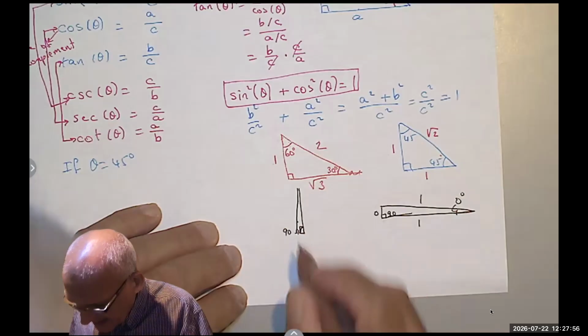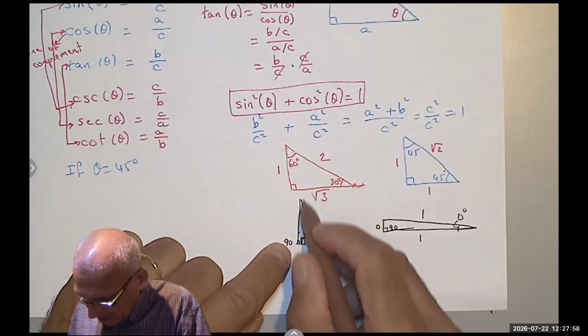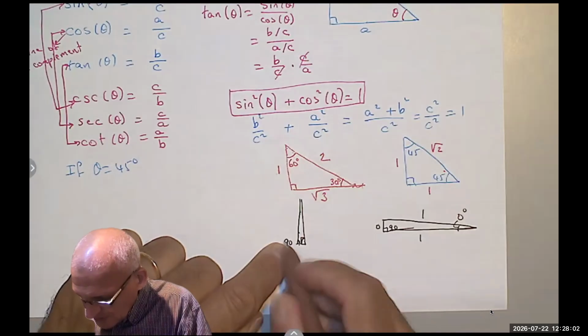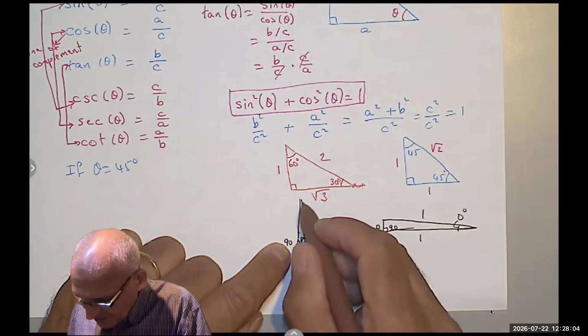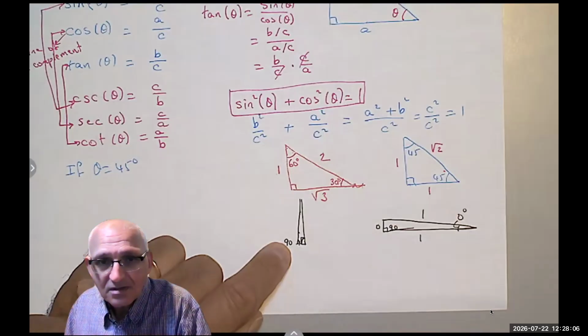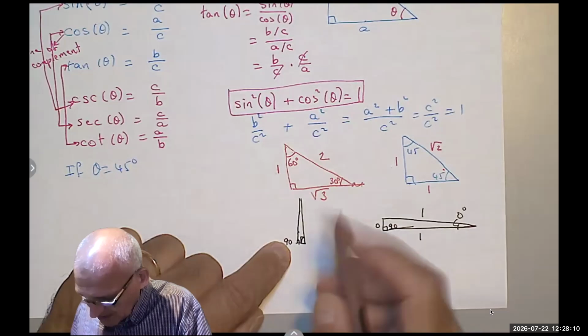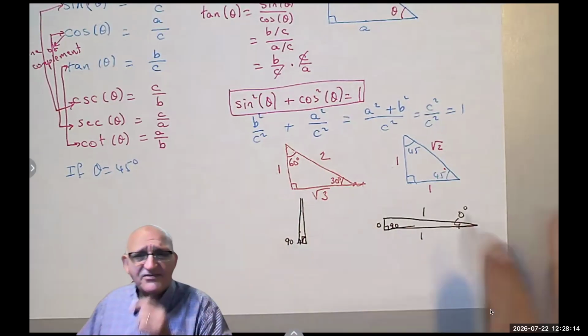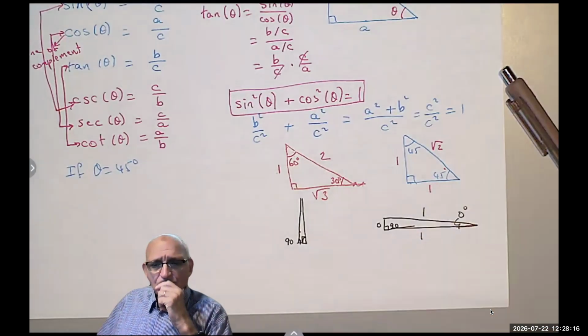So the sine of this angle is opposite over hypotenuse is 1. The cosine is 0 over hypotenuse is 0. But I have a problem with the tangent because the tangent is opposite 1 over adjacent 0. That's undefined. But at least I know.